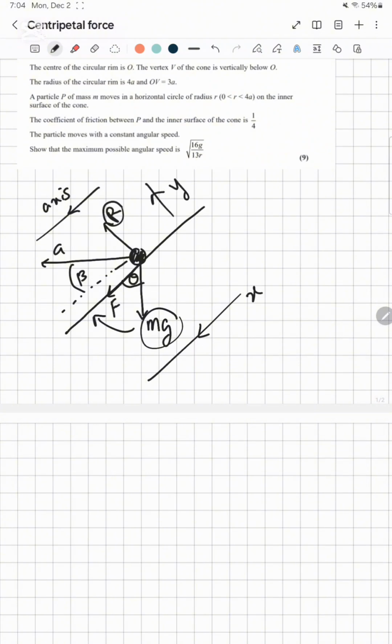Resolving in the y direction: R minus mg sine theta equals m times the acceleration resolved onto the y-axis, a sine beta. That's one equation.